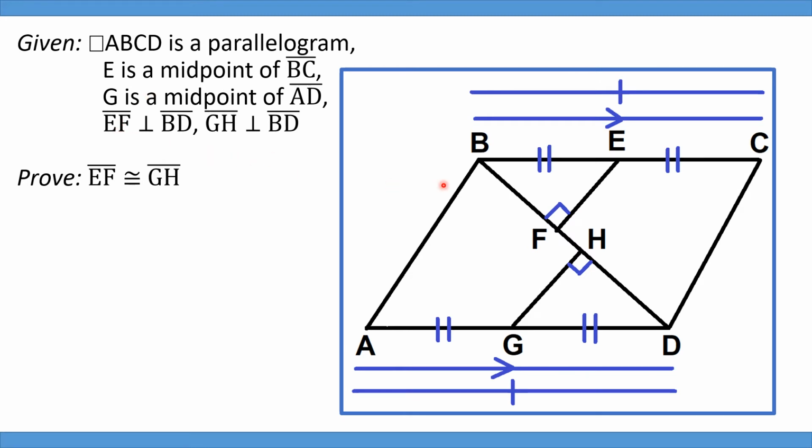Line segment EF is perpendicular to line segment BD, and line segment GH is perpendicular to line segment BD. So the consequence of this statement is that angle BFE and angle DHG are right angles because perpendicular lines form right angles, and in addition to that, these two angles are congruent because all right angles are congruent.